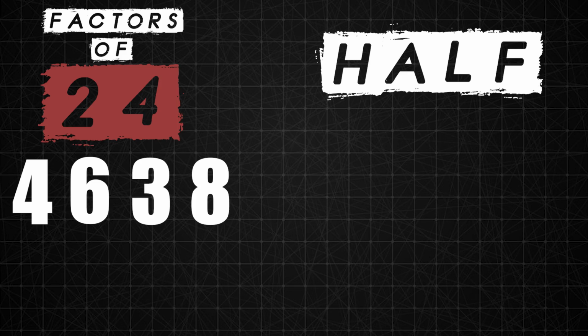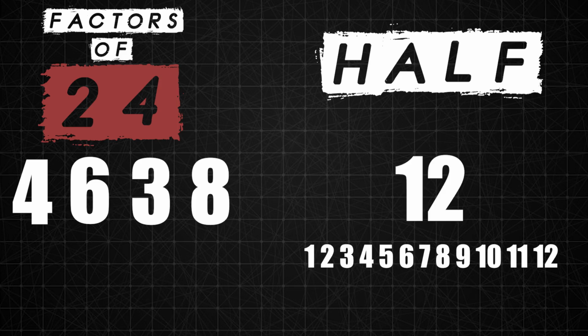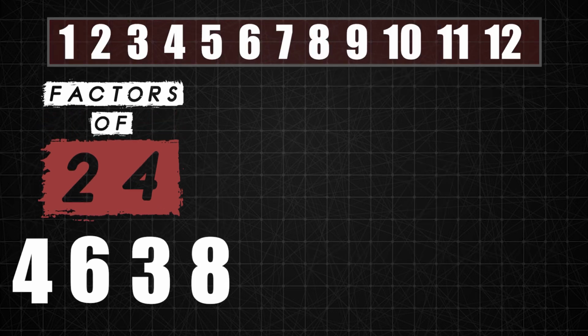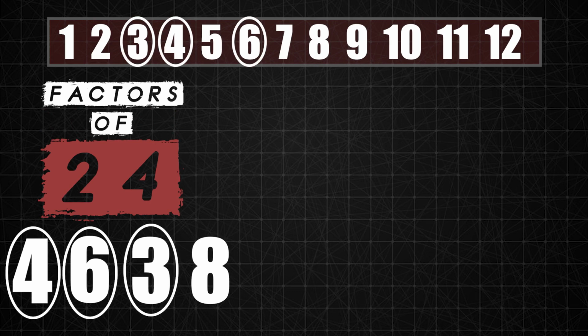And since half of 24 is 12, we just need to test the numbers 1 through 12. To keep things nice and neat, let's list the numbers we're going to test, and we'll circle the factors that we already know: 3, 4, 6, and 8. We can also cross out the 7 since we already tested it and found it wasn't a factor.